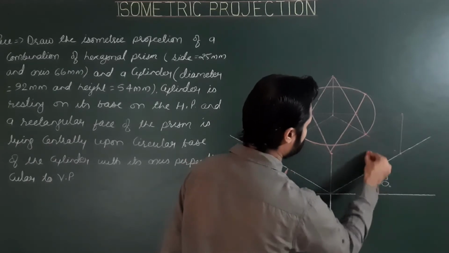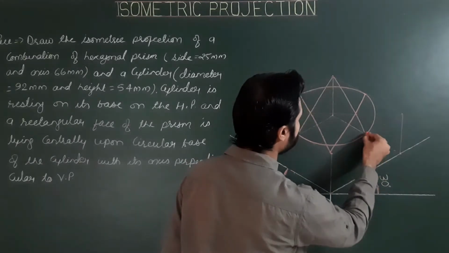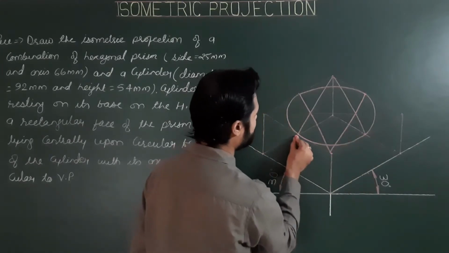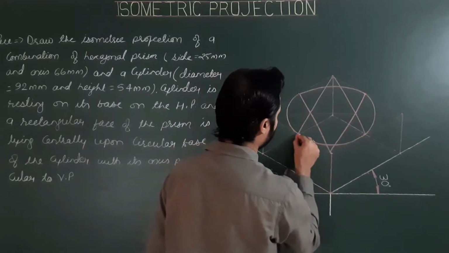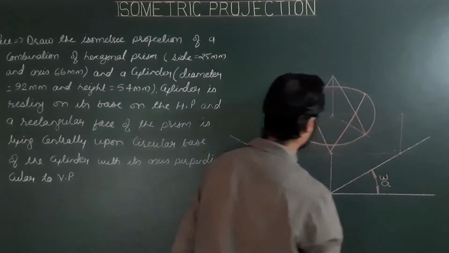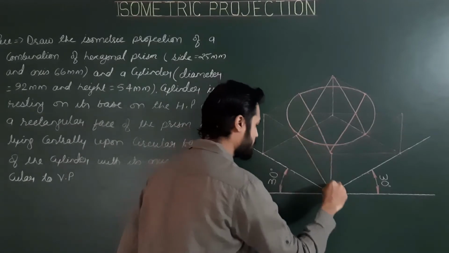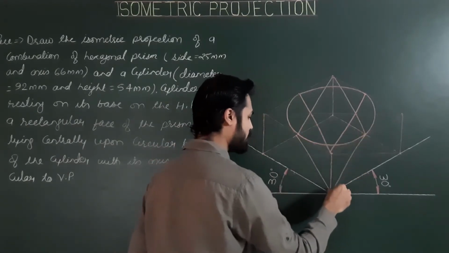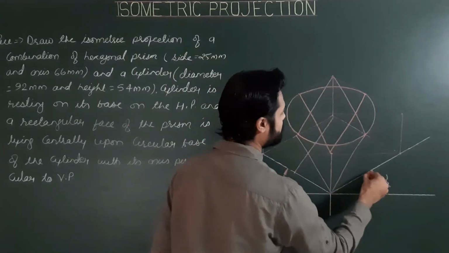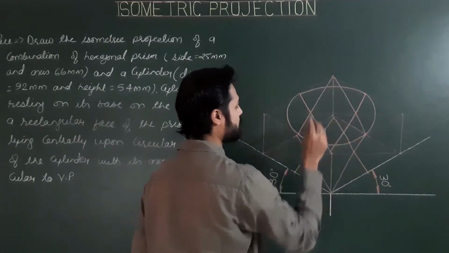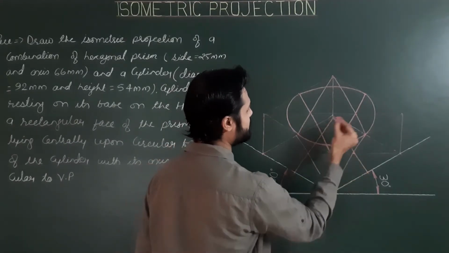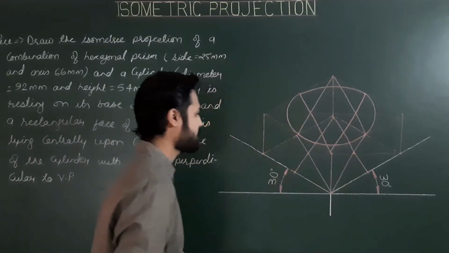First, we have to mark all four midpoints of the square, then the diagonal, and then from corner to midpoint, corner to midpoint, corner to midpoint, and corner to midpoint. First center, second center, third center, and this is fourth center.